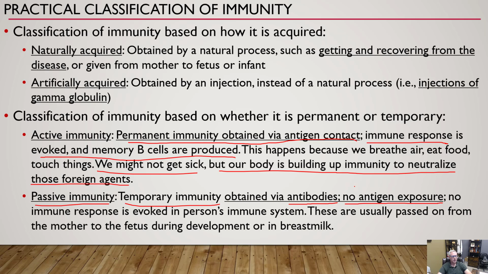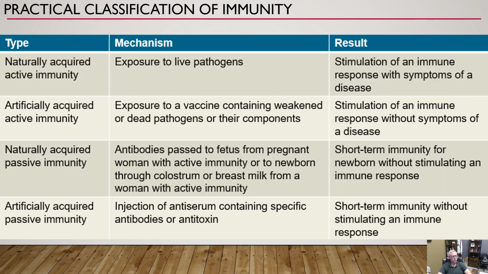So we can have naturally acquired active, naturally acquired passive, artificially acquired active, and artificially acquired passive. If I got a disease and I recovered and now I have permanent immunity, I would say that is naturally acquired active.